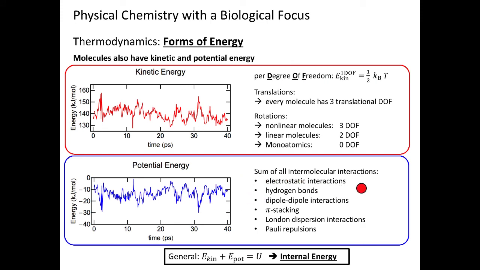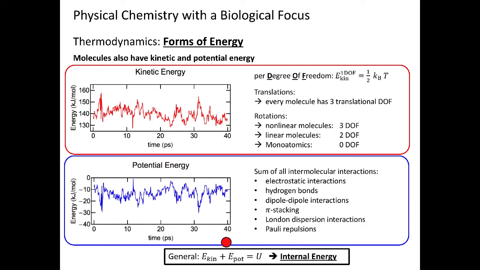So in particular, electrostatic interactions, while CO2 molecules don't form hydrogen bonds, so they haven't been there. Dipole-dipole interactions, CO2 molecules actually do not have a dipole, so that doesn't play a role here too. They are not aromatic, there's no pi stacking, but there are London dispersion interactions and Pauli repulsions. So all this was taken into account here.